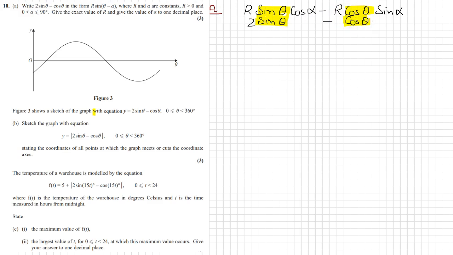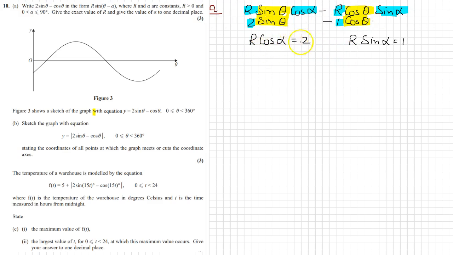then we know that r cos alpha is equal to 2 and r sin alpha is equal to 1. You can see here, only r cos alpha is remaining and here 2 is remaining. This side r sin alpha is remaining and only 1 is remaining. So we can compare this very easily.